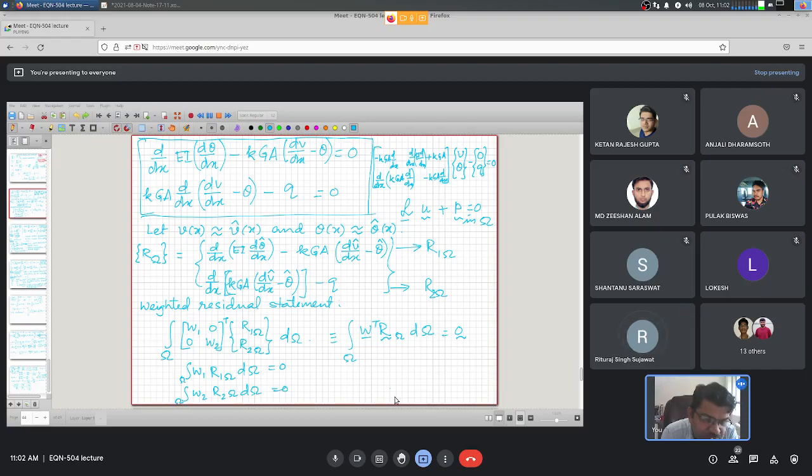dv by dx minus theta at any point. Right? Because you are modeling shear deformations. So dv by dx includes the change of slope because of flexure as well as because of shear.